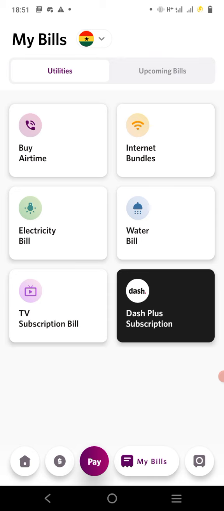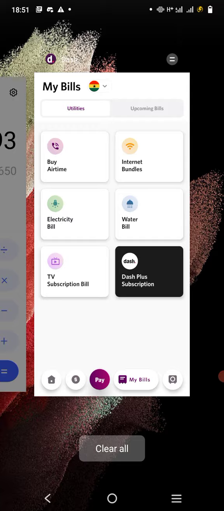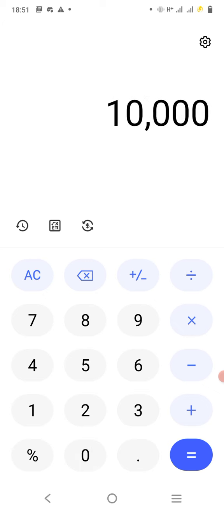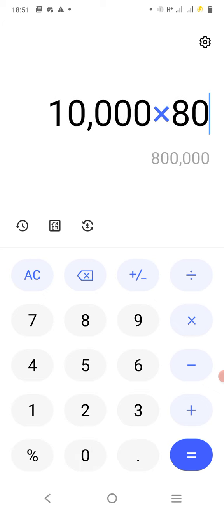So with this, whatever thing it is you're doing, since it's about 10,000 CDs, let me work with 10,000 CDs times... Actually, Dash charges about 79, so it's 800K. For me, if you know you have just one account running, you should just work with 800K.